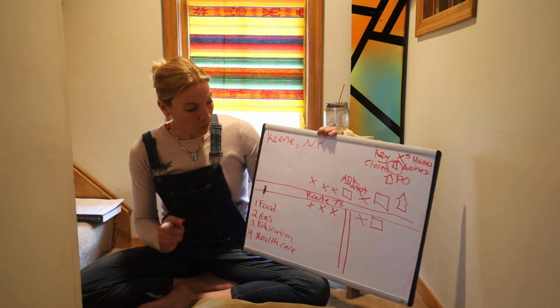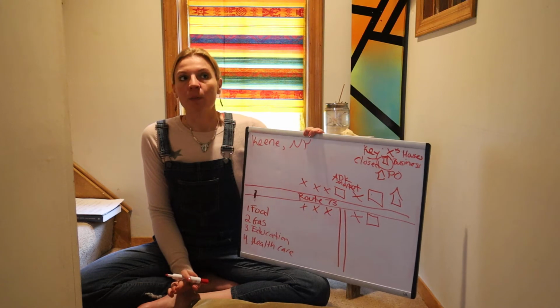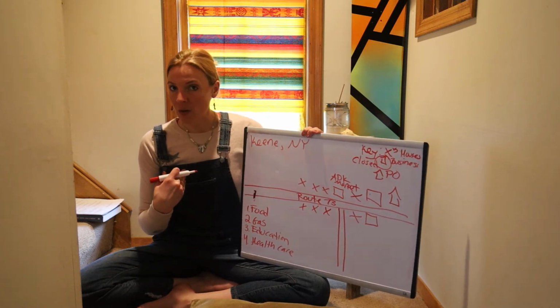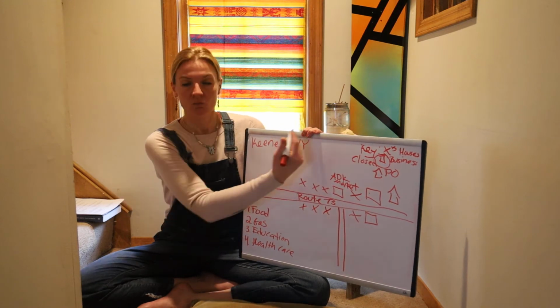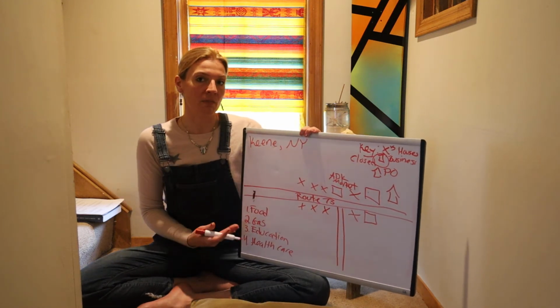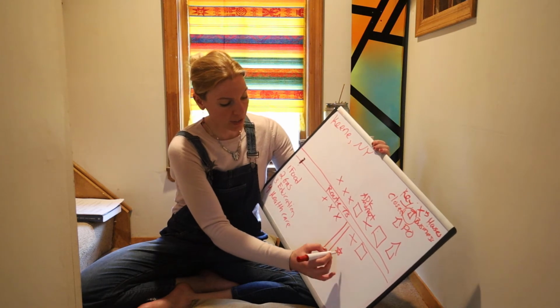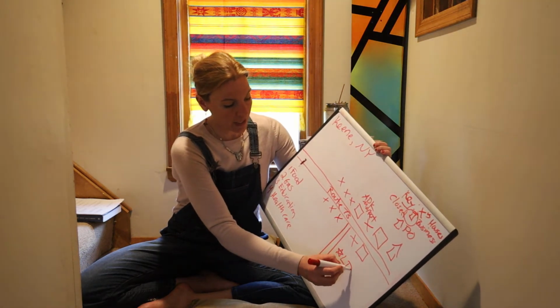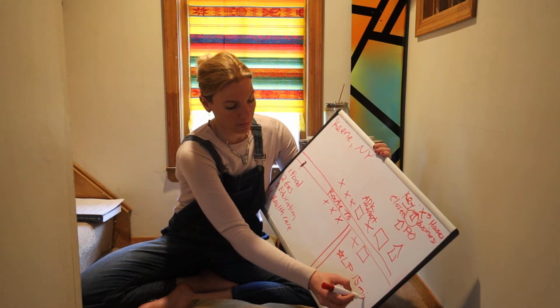Now, for this, it might not fit on your piece of paper because, for example, my nearest healthcare is 15 miles away. Does not fit on this map. So I would make a little note down here, LP healthcare, 15 minutes. Okay?